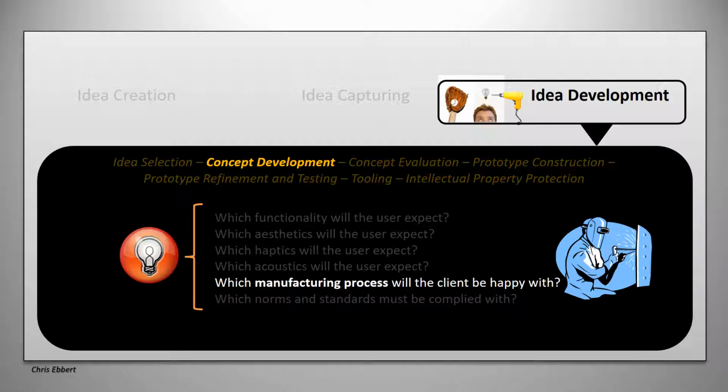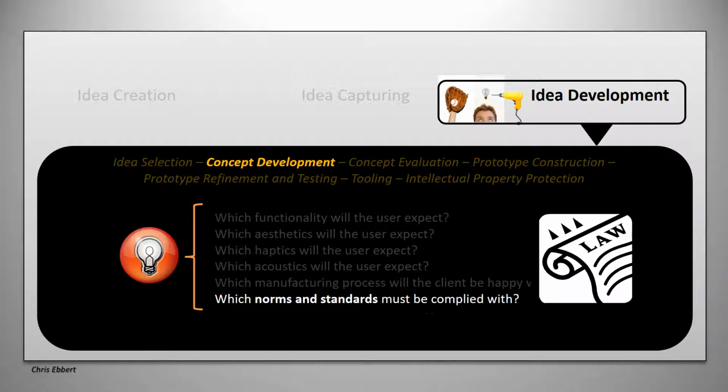There may be manufacturing processes that your client is most happy with, and they're usually the ones that they have the most experience with and that they're set up to do. And there will be norms and standards that you need to comply with.